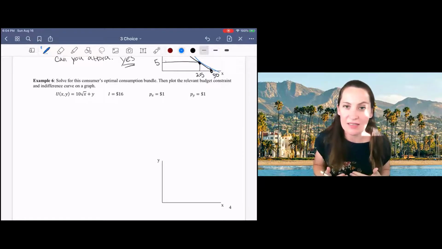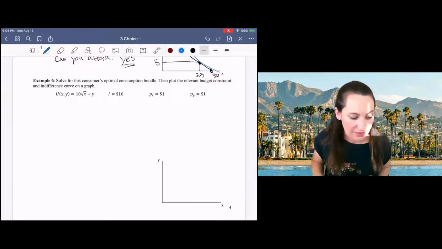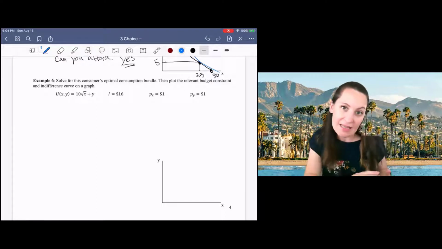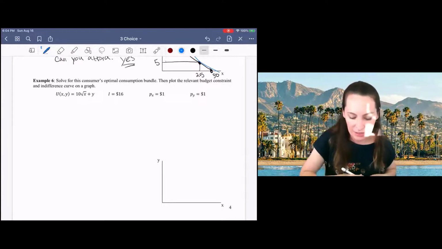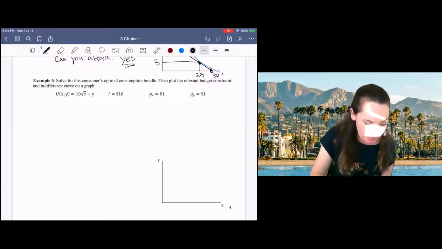So what I have in this example is exactly the same utility function, but a different income. Okay, so you would normally set up your maximization problem and find your optimality condition, but we've already done that, right?